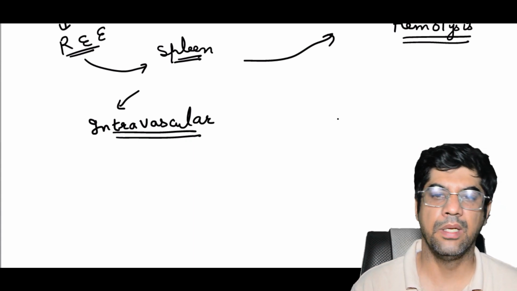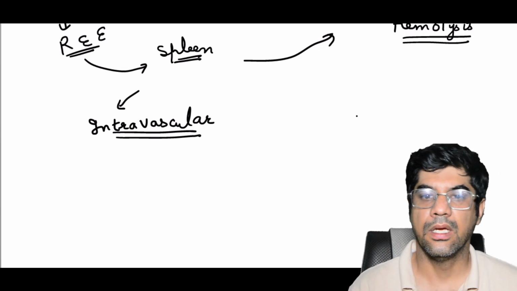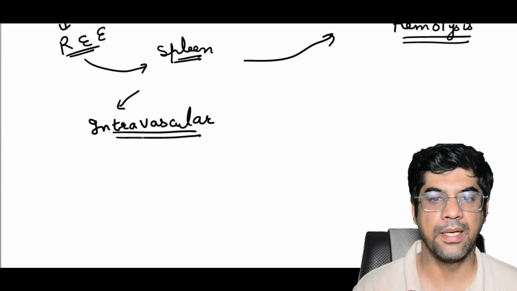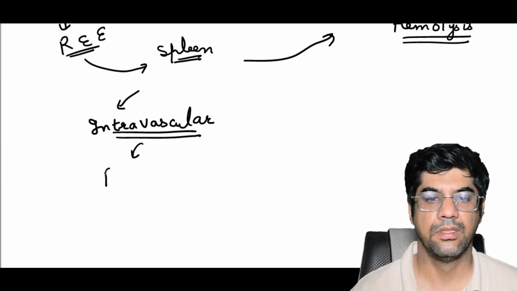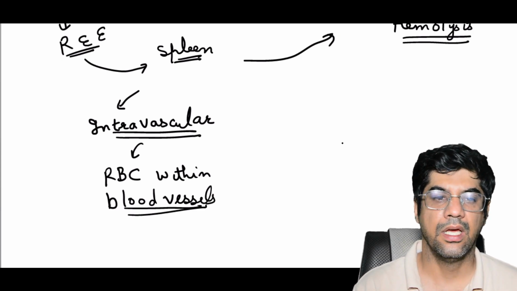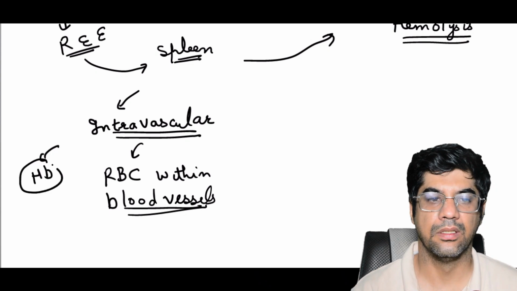Intravascular hemolysis occurs when the red blood cells are destroyed within the blood vessels. So RBC rupture in the circulation, releasing hemoglobin directly into the plasma.